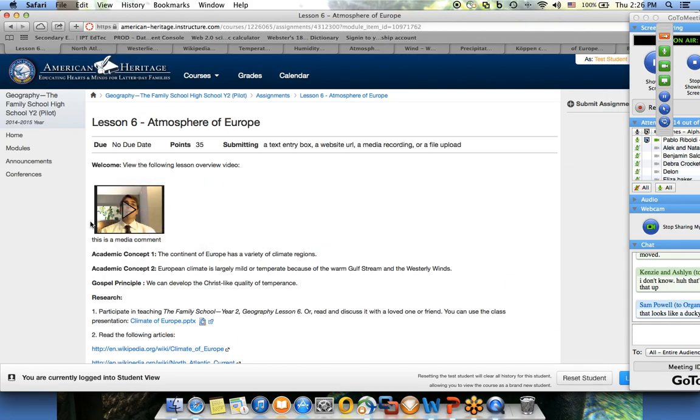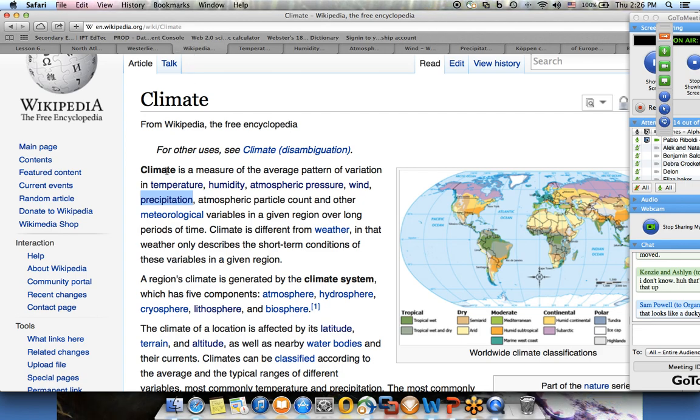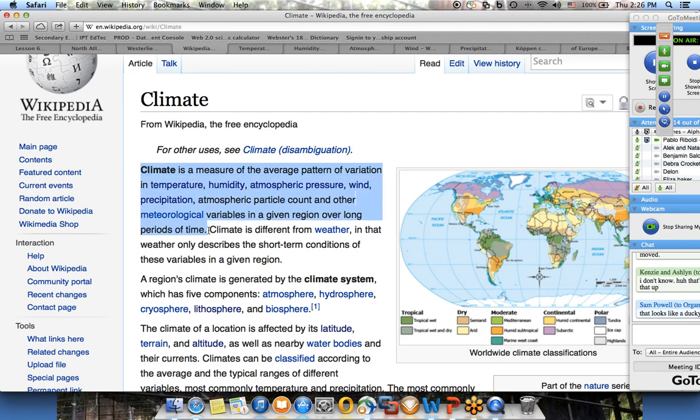I'm going to go here to Wikipedia, and we have a very good article that goes into a lot of detail. We are not going to go into all of this, but you can study more on your own. Here we have a good definition of climate. It's a measure of the average pattern of variation.